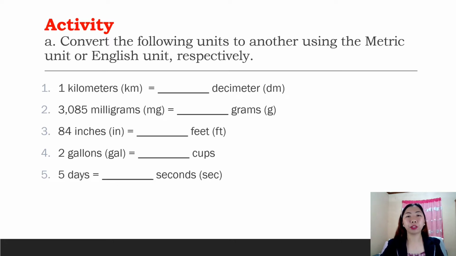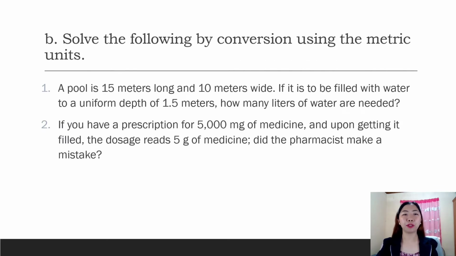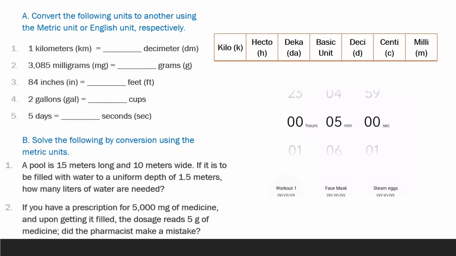For the next part of this activity, you are about to solve this problem by using the conversion in metric units. So you have 2 items to answer here. If you have your pen and paper, you may start now. You have 5 minutes to make your solution to the following items. Your timer starts now.